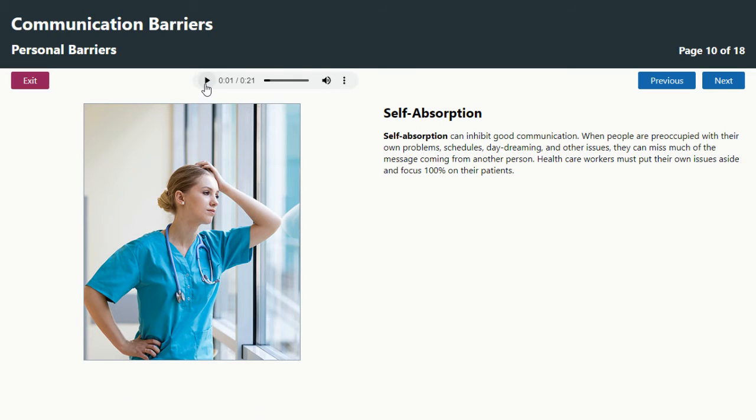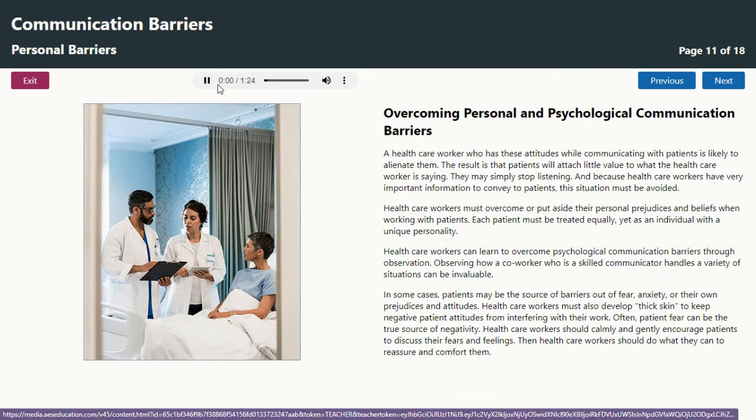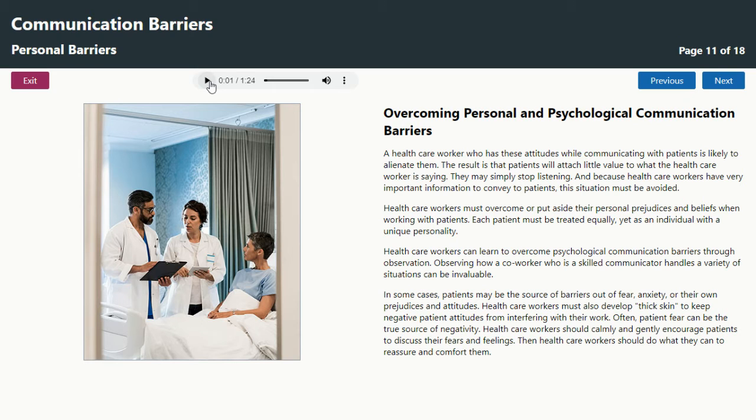Self-absorption can inhibit good communication. When people are preoccupied with their own problems, schedules, daydreaming, and other issues, they can miss much of the message coming from another person. Healthcare workers must put their own issues aside and focus 100% on their patients. A healthcare worker who has these attitudes while communicating with patients is likely to alienate them.